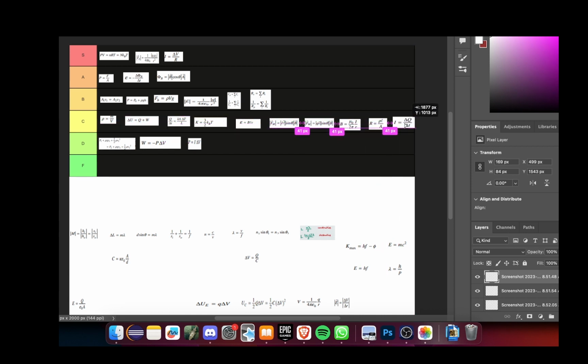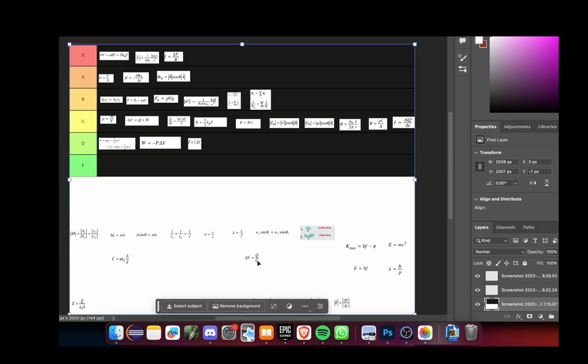And the capacitance equations. I did not like this one, with the dielectric constant times epsilon naught A over d. It barely gets brought up.